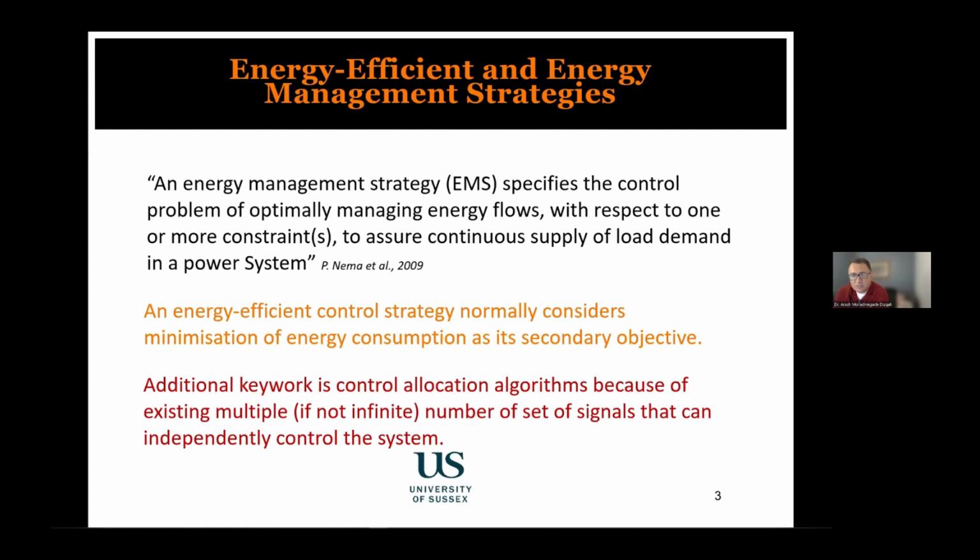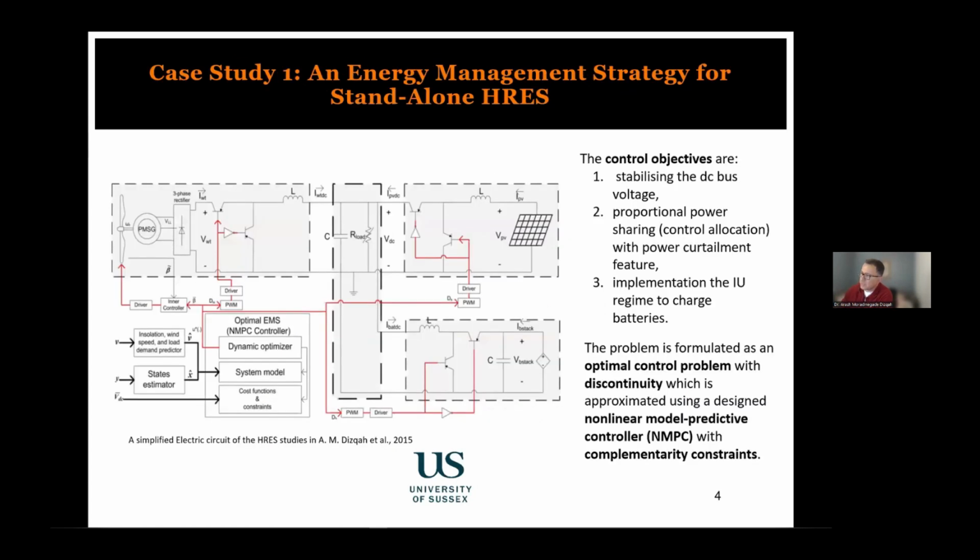Then the question is which one is the best with respect to the secondary objective. These kinds of problems are normally called control allocation problems. As I said, it's case study by case study, and I'm introducing a few case studies related to the concepts that I mentioned.